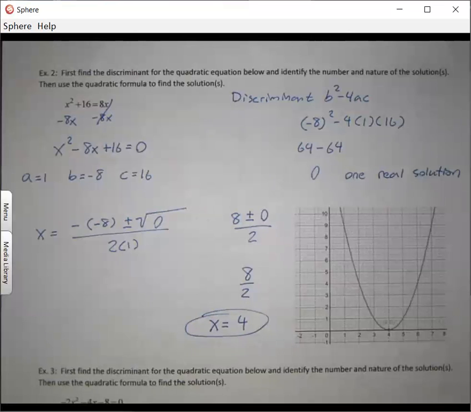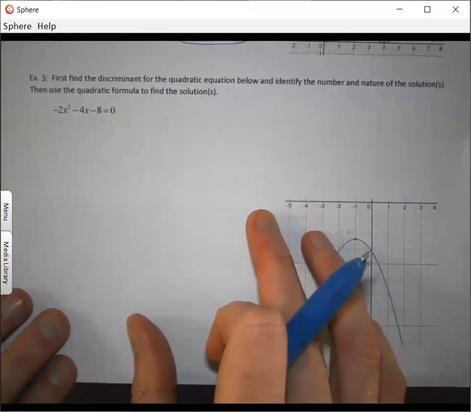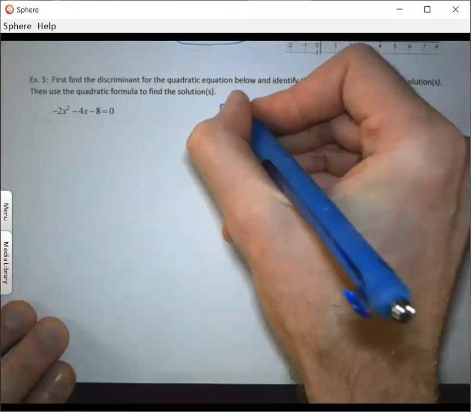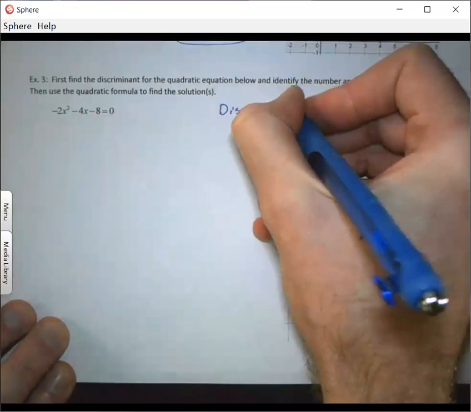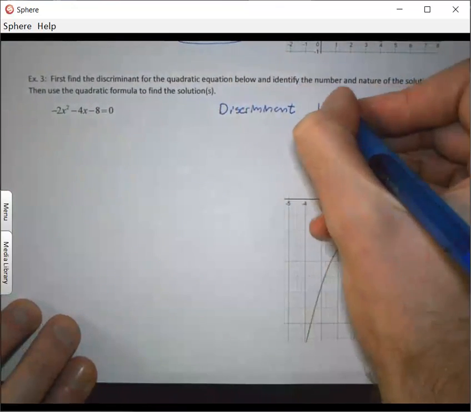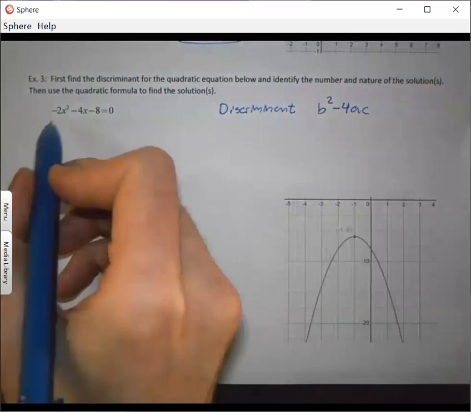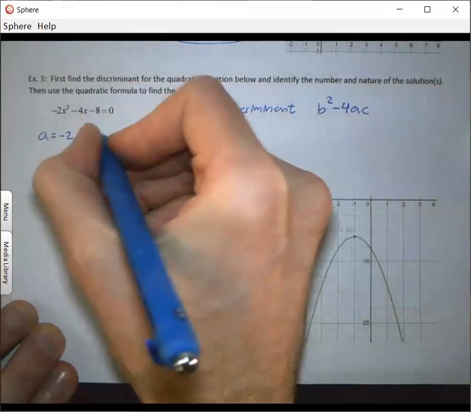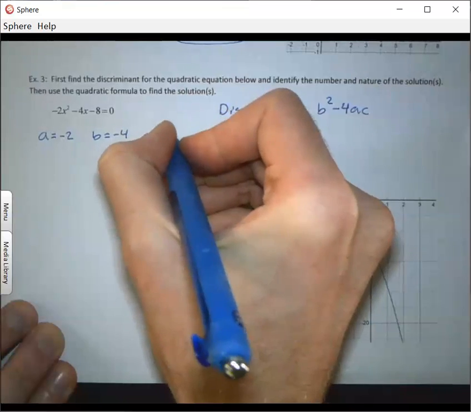All right, one more example. We'll see the last case. So again, let's find the discriminant first. It's already in standard form. So a is minus 2, b is minus 4, c is minus 8.